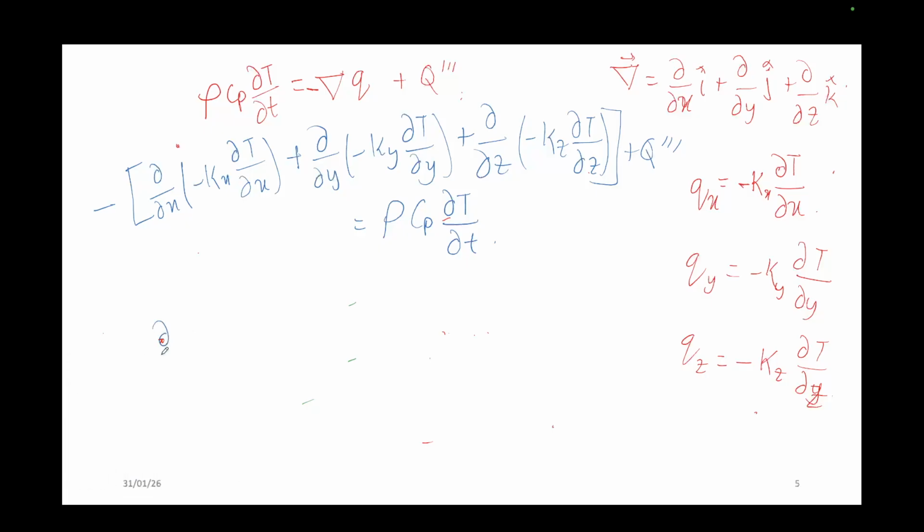That means I can write it as, the minus will come out and it will become positive in all cases. Say I can assume kx, ky, kz, meaning thermal conductivity in all the directions is the same. Say it is k. As it is a constant, this k will come out here, right? So if k comes out, this equation will look like this.